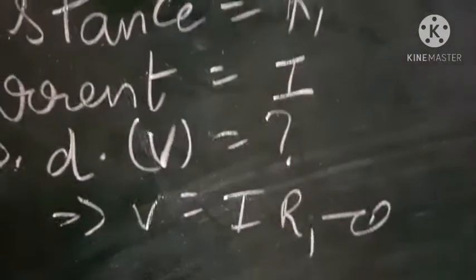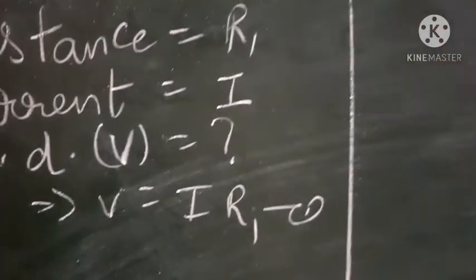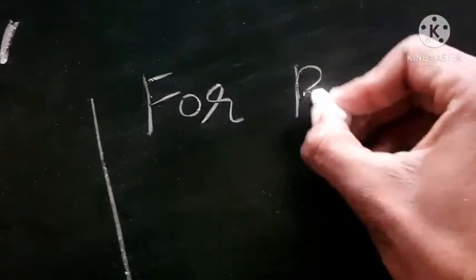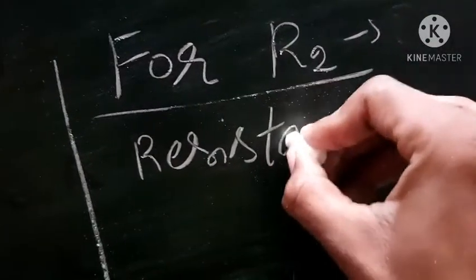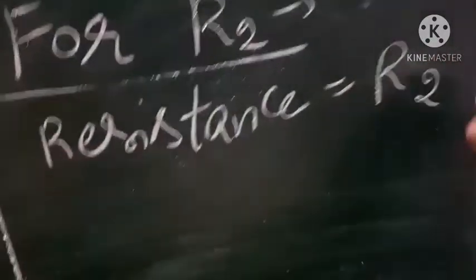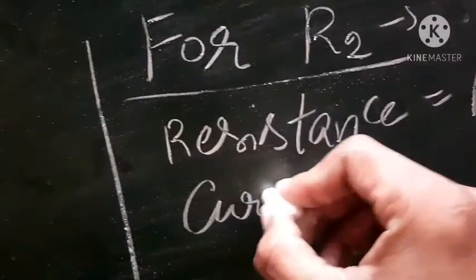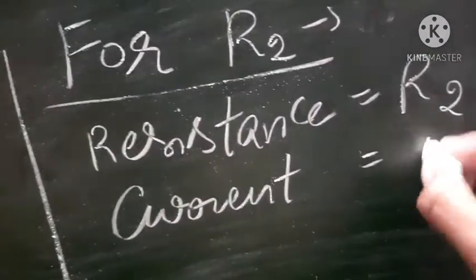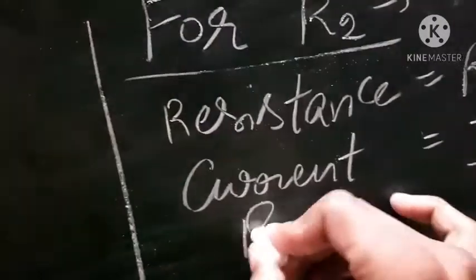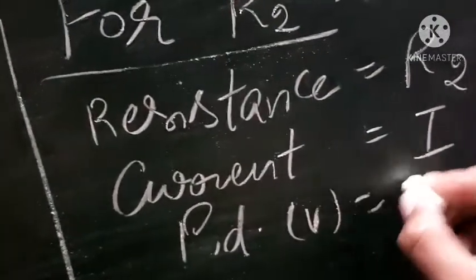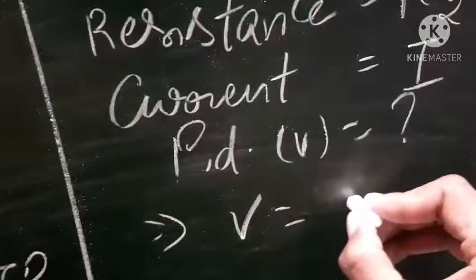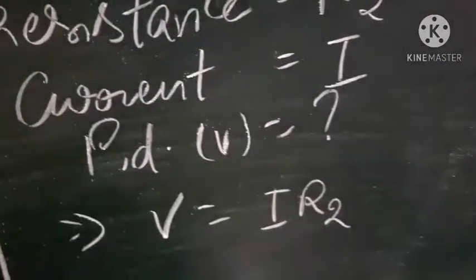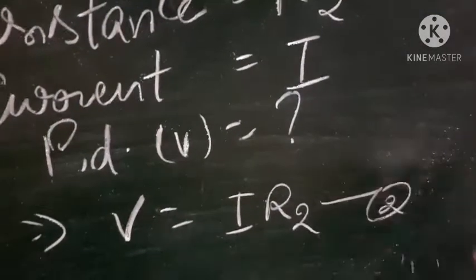Say it is equation number 1. Now let's talk about resistance number 2, that means R2. Resistance is R2 and the current is I. Now calculate the potential difference V. So V will be equal to IR2. Say it is equation number 2.